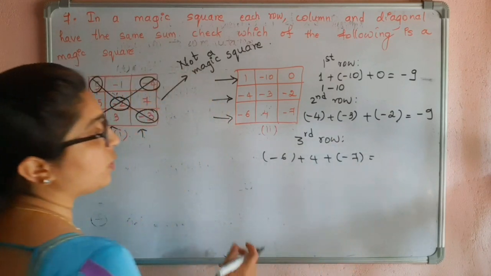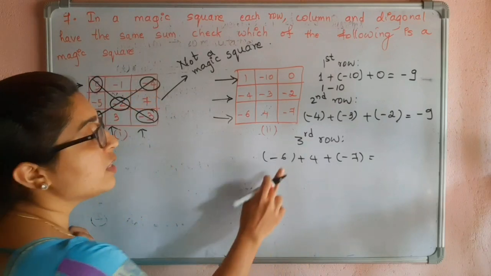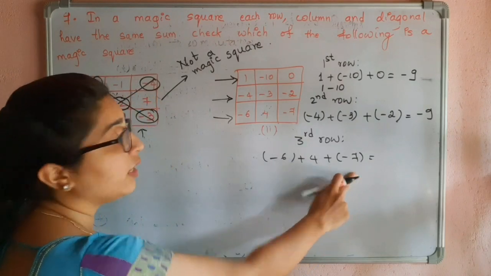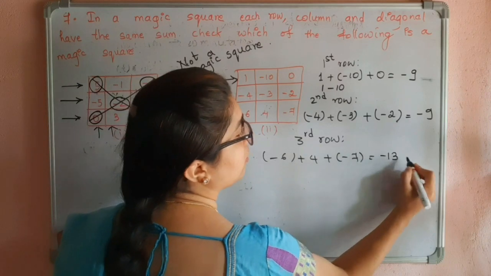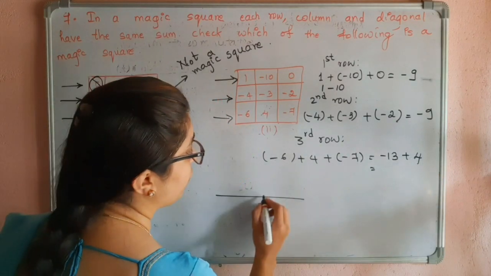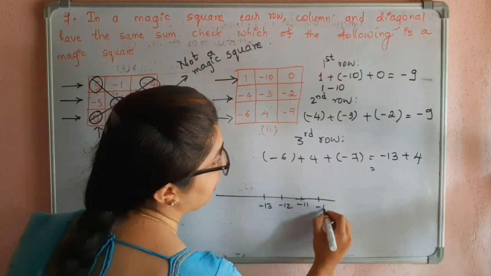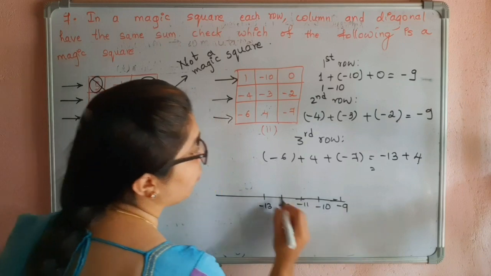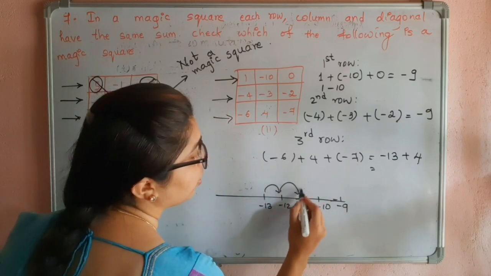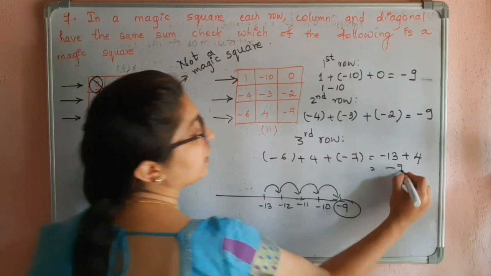These have the same sign, so first I will add those: 6 and 7 is 13, which is negative, plus 4. Minus 13 plus 4: minus 12, minus 11, minus 10, minus 9. So it is minus 9.